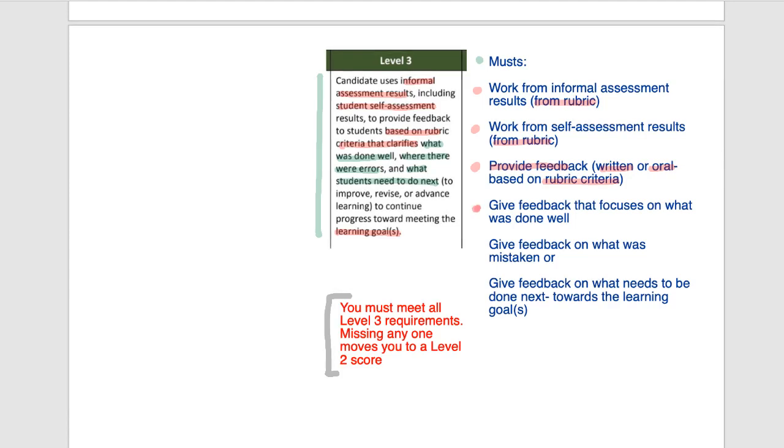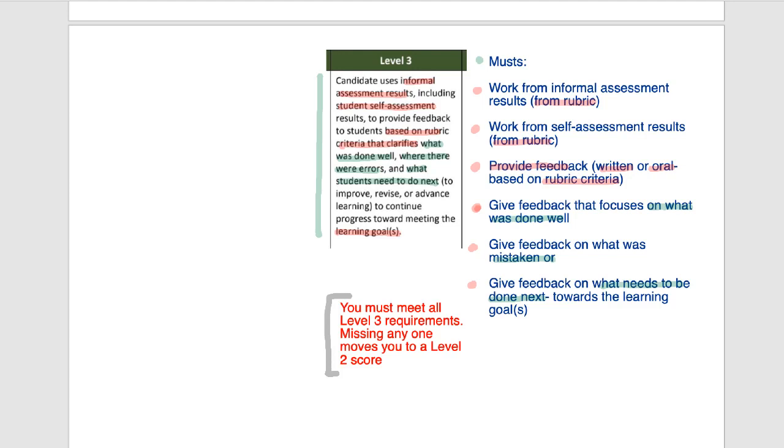You need to give feedback on what was done well. This is one of the 3 things. You need to give feedback on what was mistaken, all right, or misunderstood. And you need to give feedback on what needs to be done next. All right, so let's make sure that these 3 are very well represented in your work.